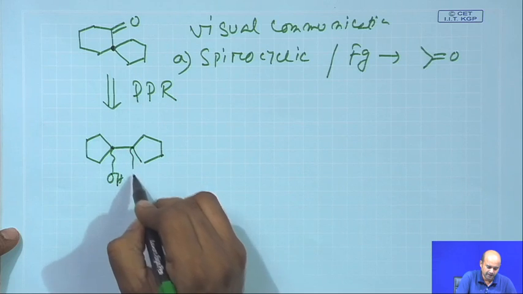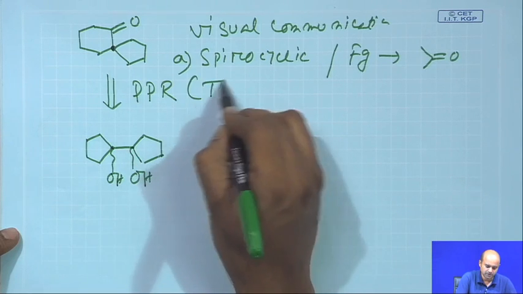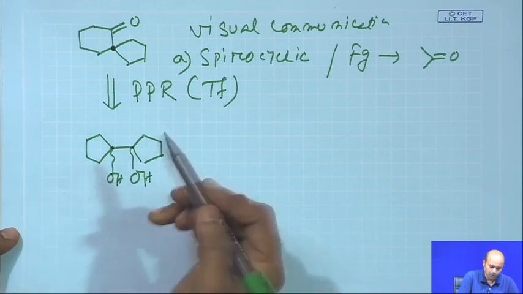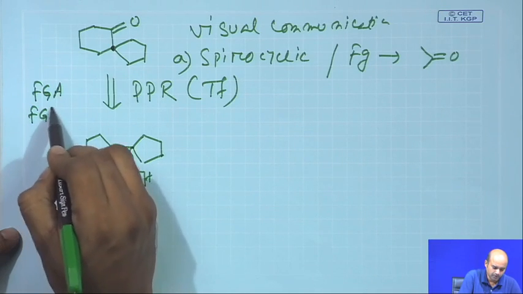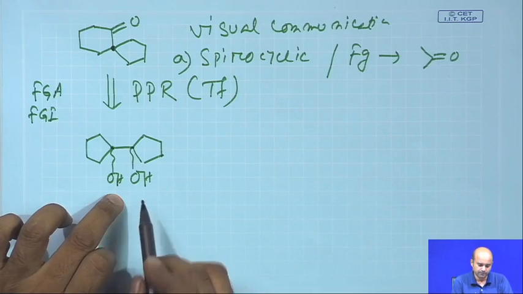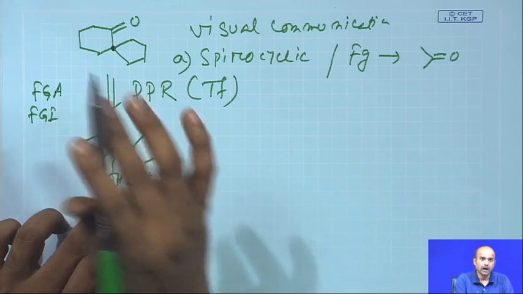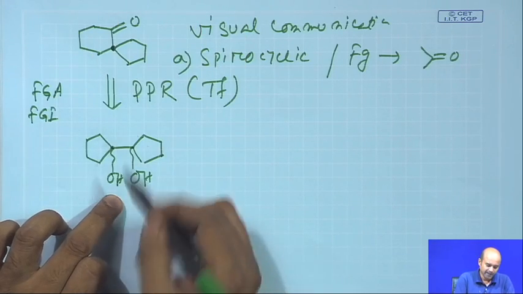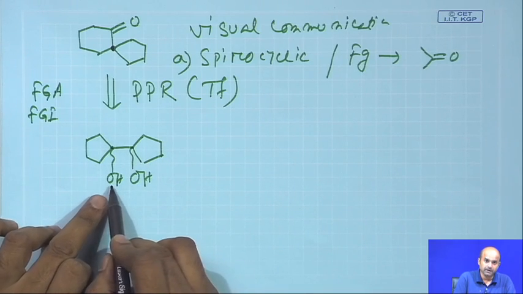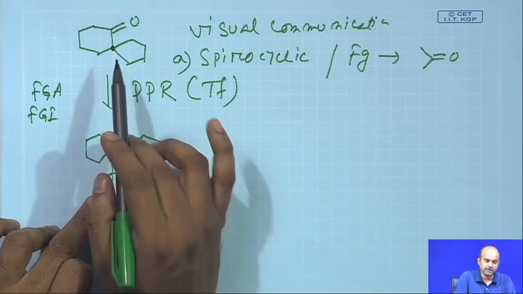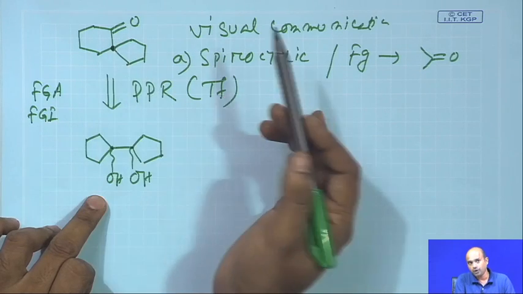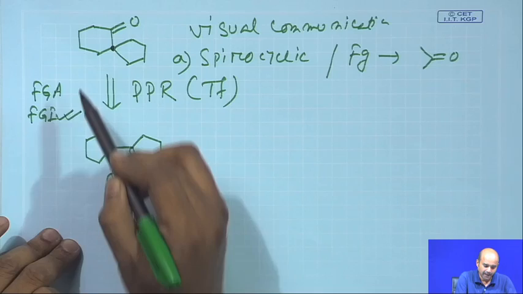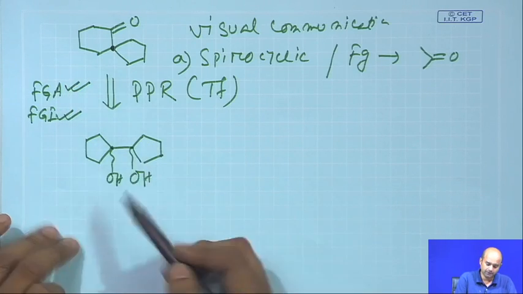PPR is a transformation, and you can also call it a functional group interconversion, because this is the starting material, which has a diol functionality, but the final compound has a ketone. So, it is a functional group interconversion as well as a functional group addition, because a new functional group has been introduced.